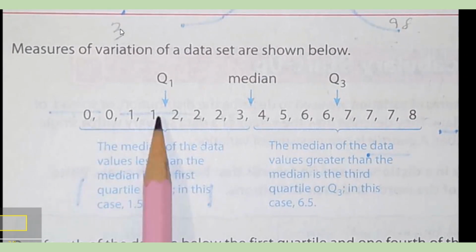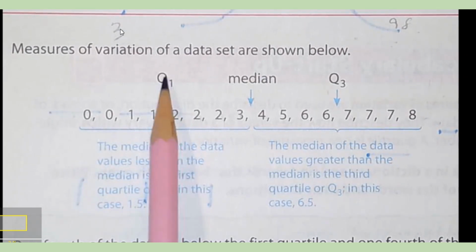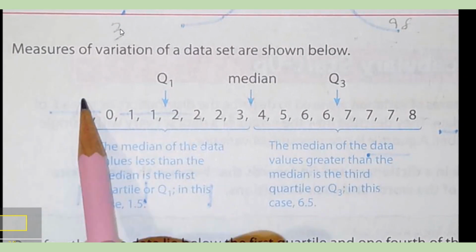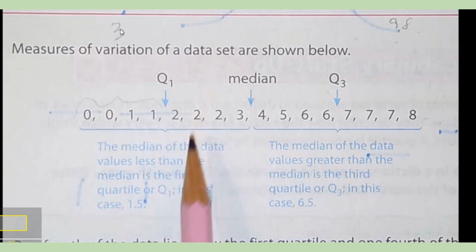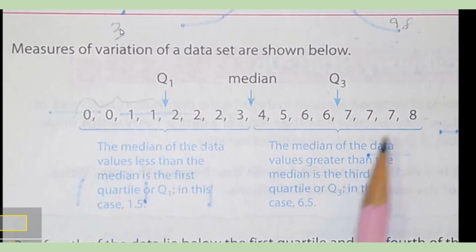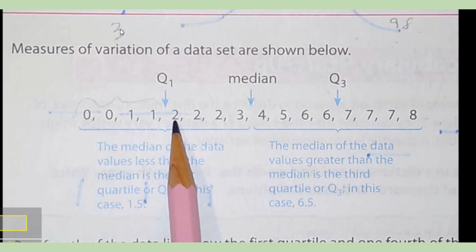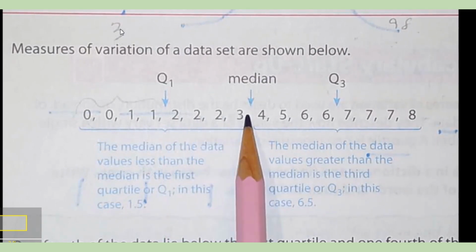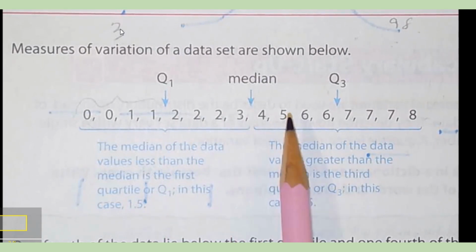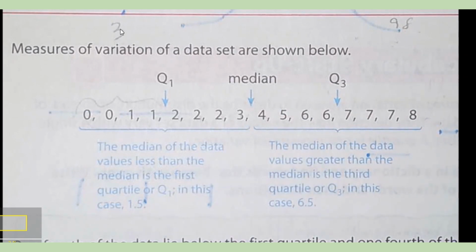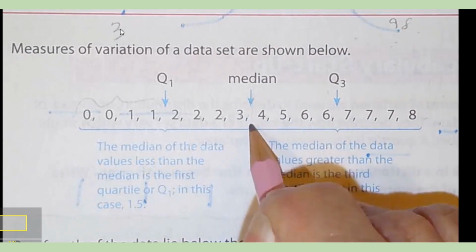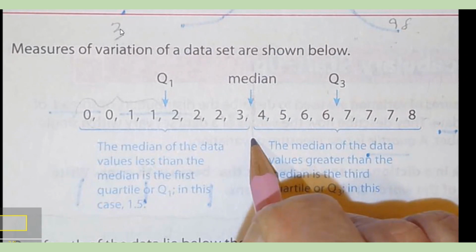So 0 to this one is called quartile 1. These right here are quartile 1, because they took all the numbers and divided them into what, students? Into quarters. 4 quarters. Here you have 1, 2, 3, 4. That's quartile 2. They don't identify it because we know that. Then we know the median is right here. It's the middle of both of them.